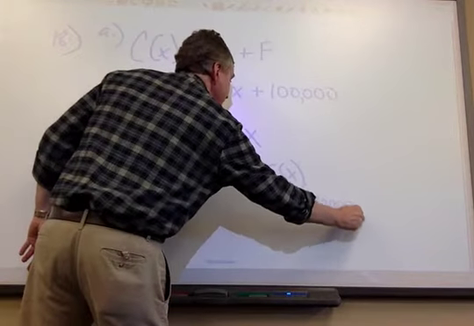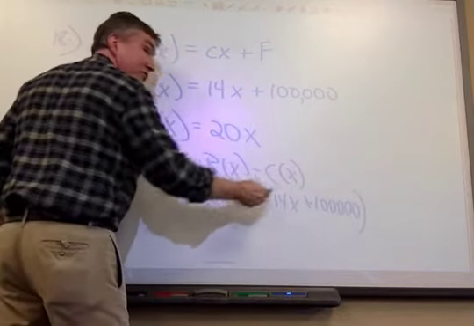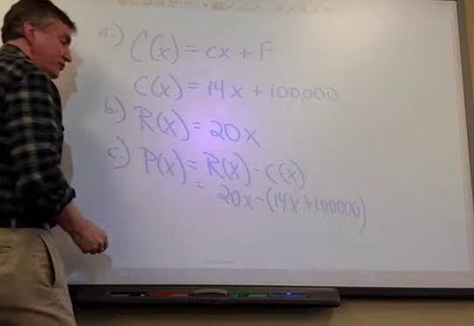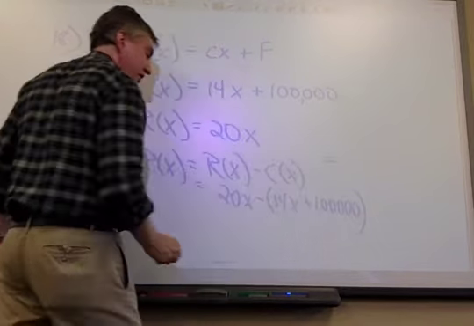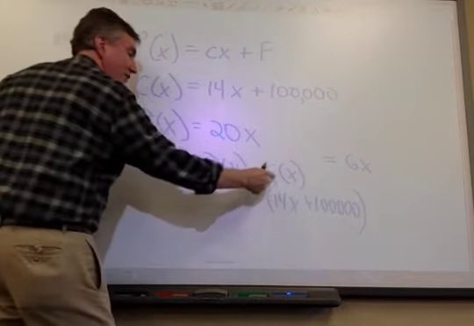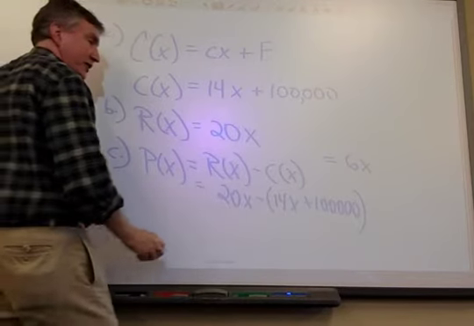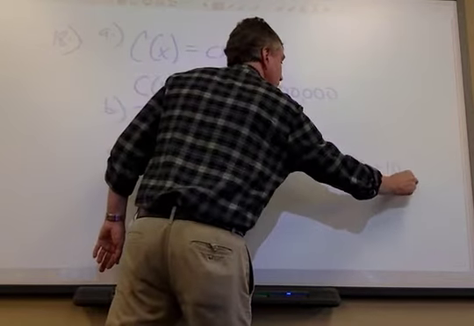The biggest mistake people make on this is they forget to distribute their negative. So the profit function becomes 20x minus 14x, which is 6x, and then that negative distributes to the 100,000, so P of X is 6x minus 100,000.